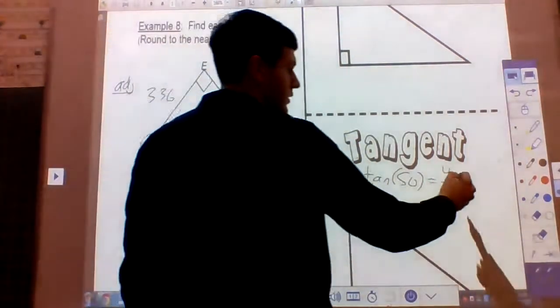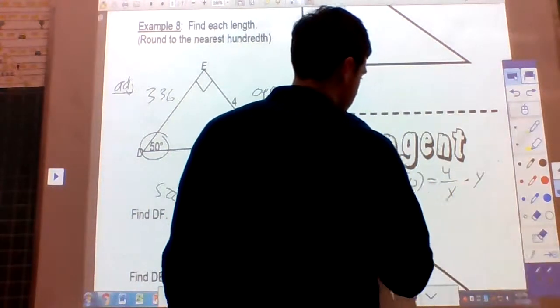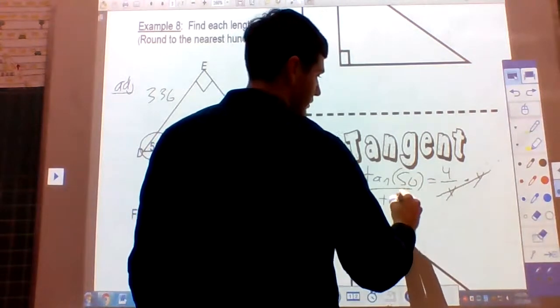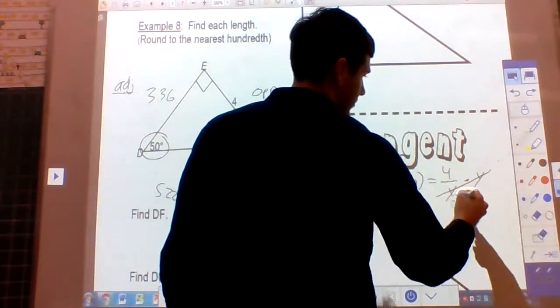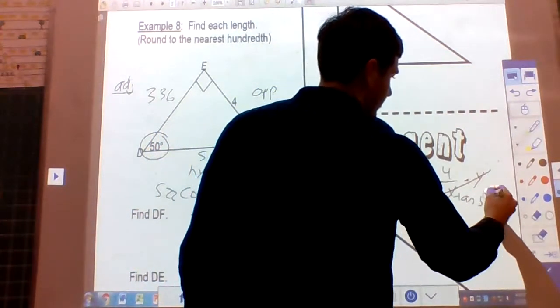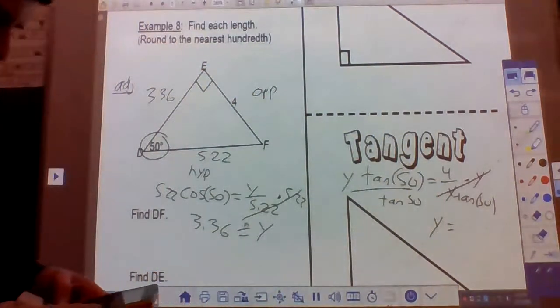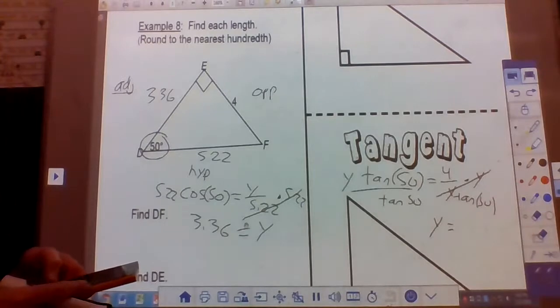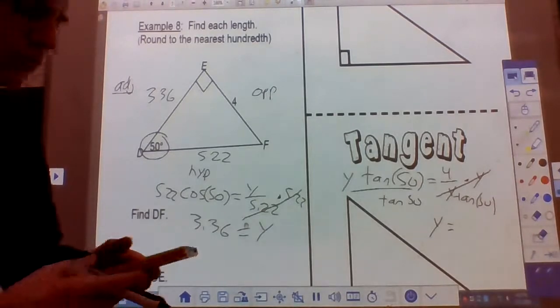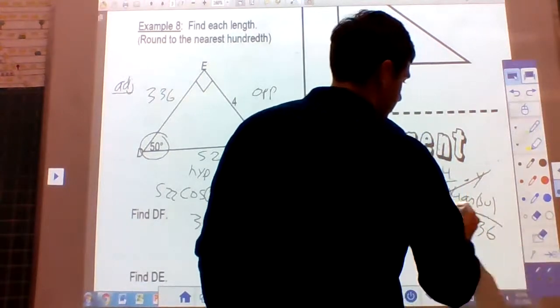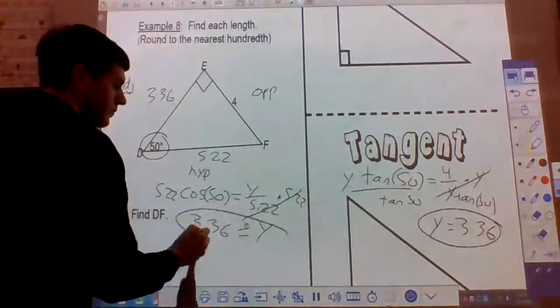We could have multiplied both sides by y, and then divided by the tangent of 50, and we would have gotten y equals 4 divided by tan 50, which is 3.36. Which is exactly what we got over here.